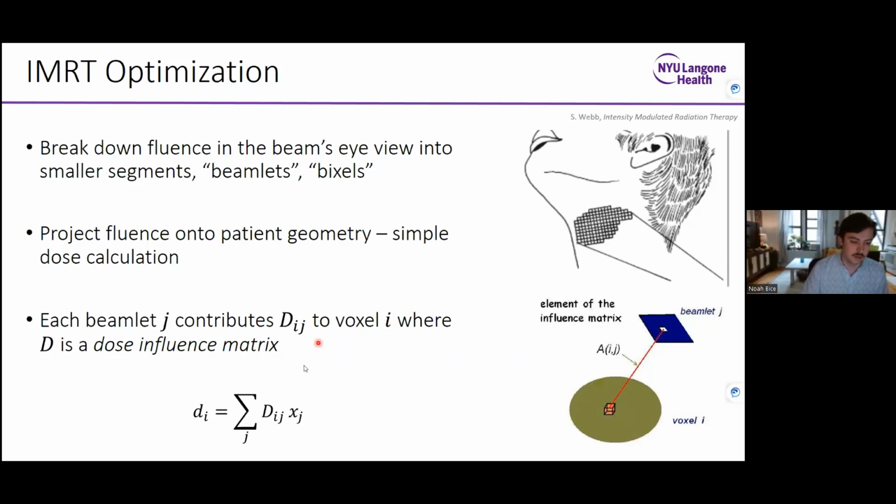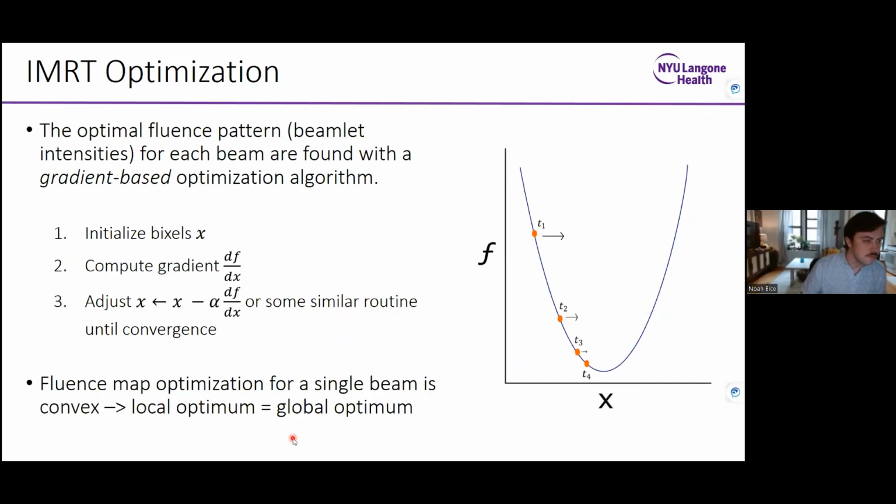That's called a dose influence matrix, and it makes it such that when we actually perform the optimization procedure, our dose calculation is just a linear multiplication. In the case of IMRT optimization, we can use gradient-based optimization algorithms pretty comfortably because the objective function is convex.